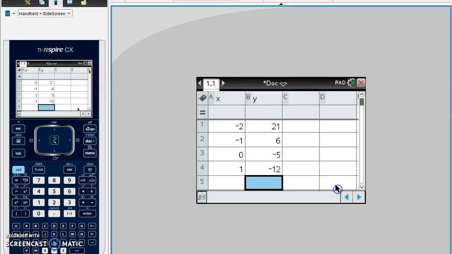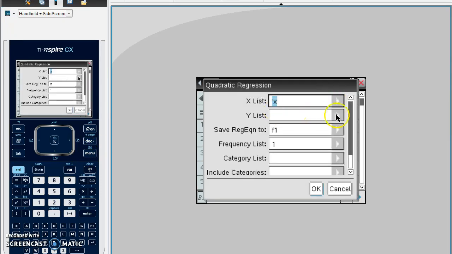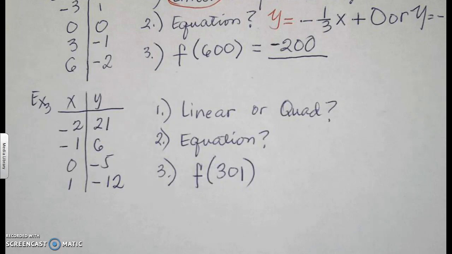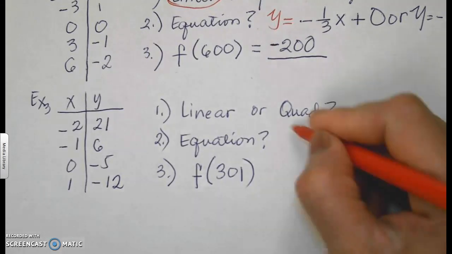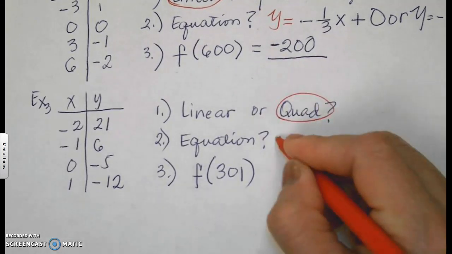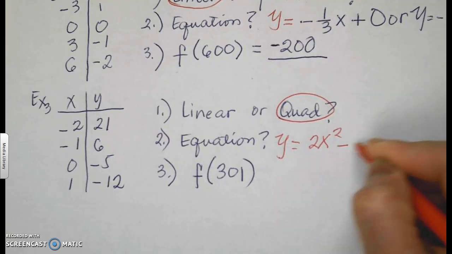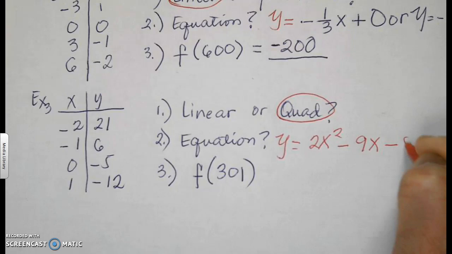Where am I? Cancel. So, okay, go to here, press X, go to here, press Y, enter, and it gives it to you. So your A is 2, your B is -9, and your C is -5, making your equation become quadratic. So Y equals 2x squared minus 9x minus 5.